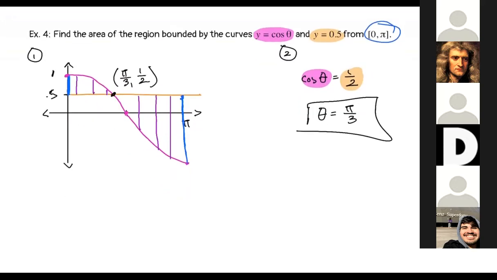Okay, so let's just set up the integrals. What might those integrals look like? I'll give you a target answer so you kind of know what to go for. But let's set up that area. We already know we need 2 of them. So what do we do?